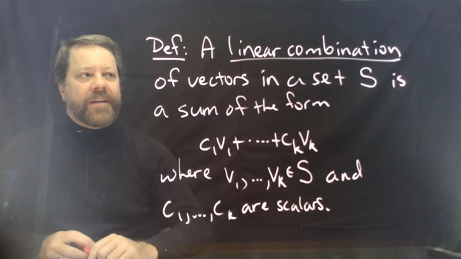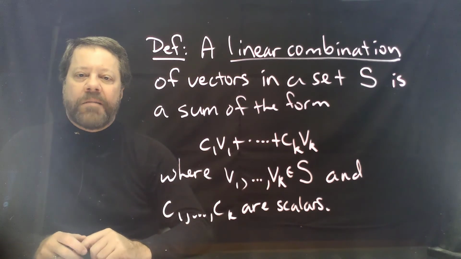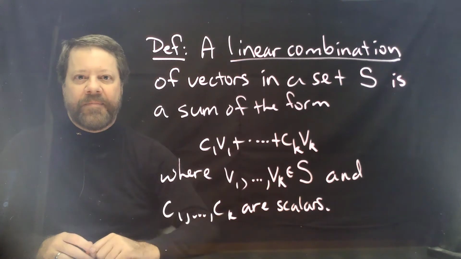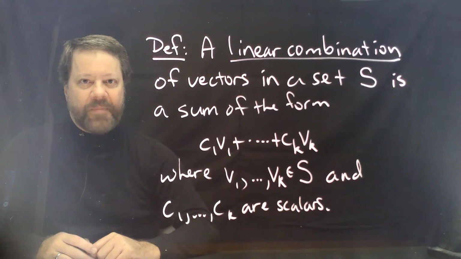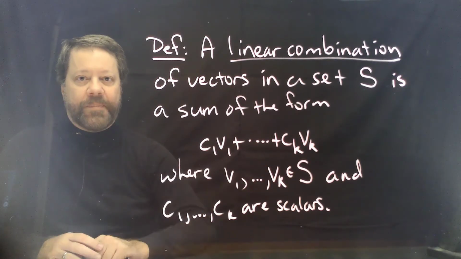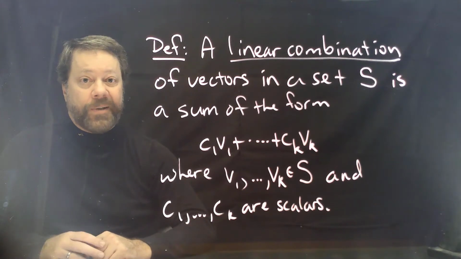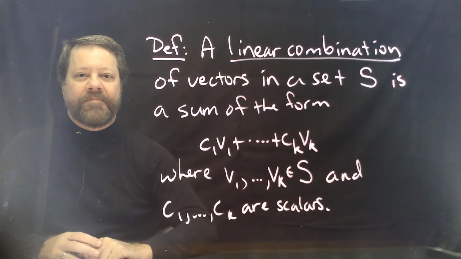What I'd like to emphasize about an expression of this form is that the sum is finite. Every linear combination is merely a finite sum. We do not allow linear combinations to be infinite sums. Those are going to be infinite series. Linear combinations are finite.